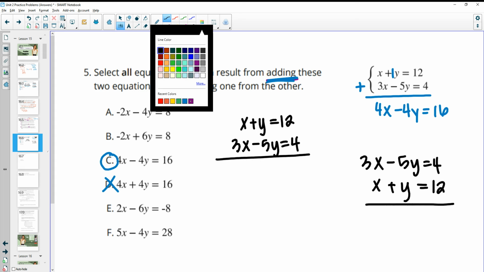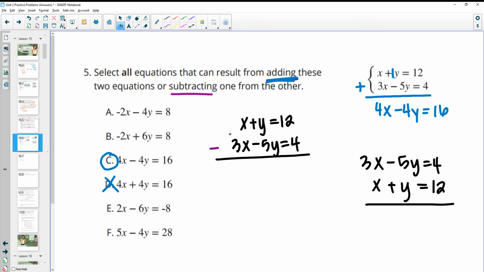When we subtract 3x minus 5y equals 4 from x plus y equals 12, 1x minus 3x is negative 2x. 1y minus negative 5y, remember, turns to plus, so this is plus 6y. 12 minus 4 is 8. So negative 2x plus 6y equals 8 is a solution.